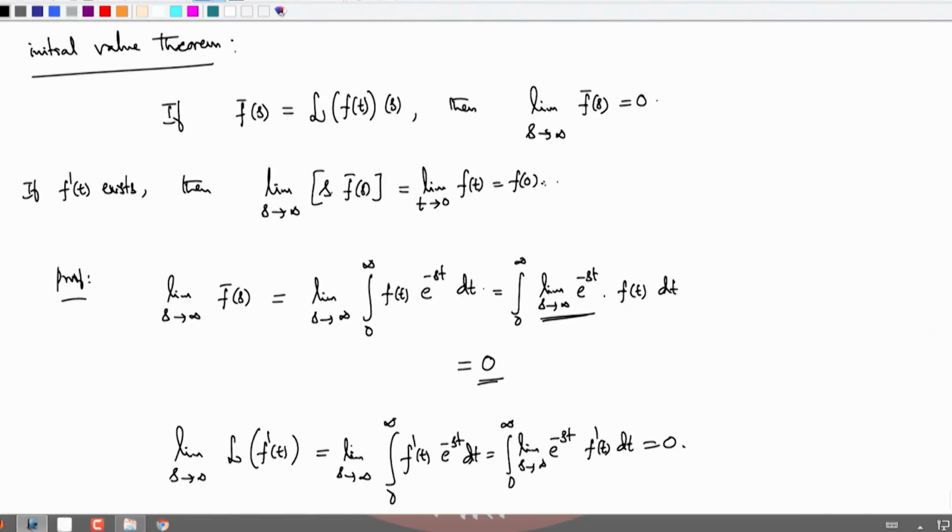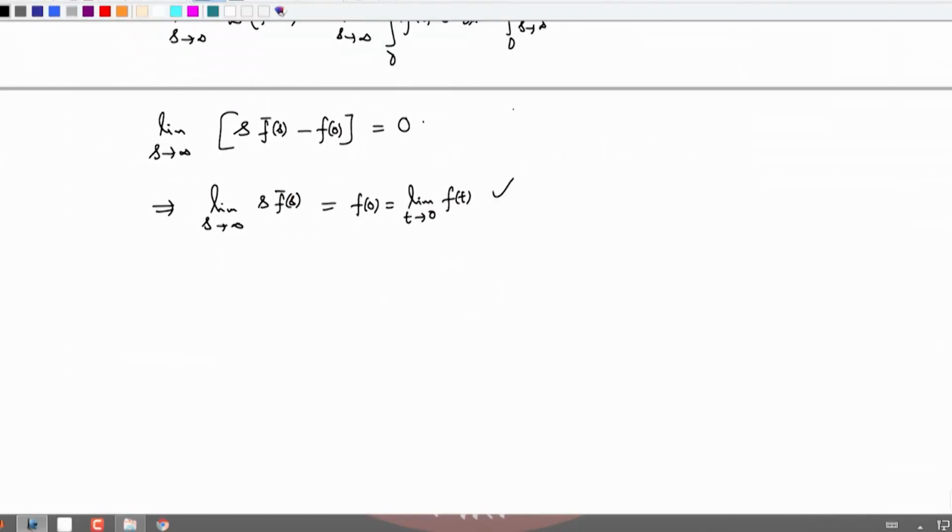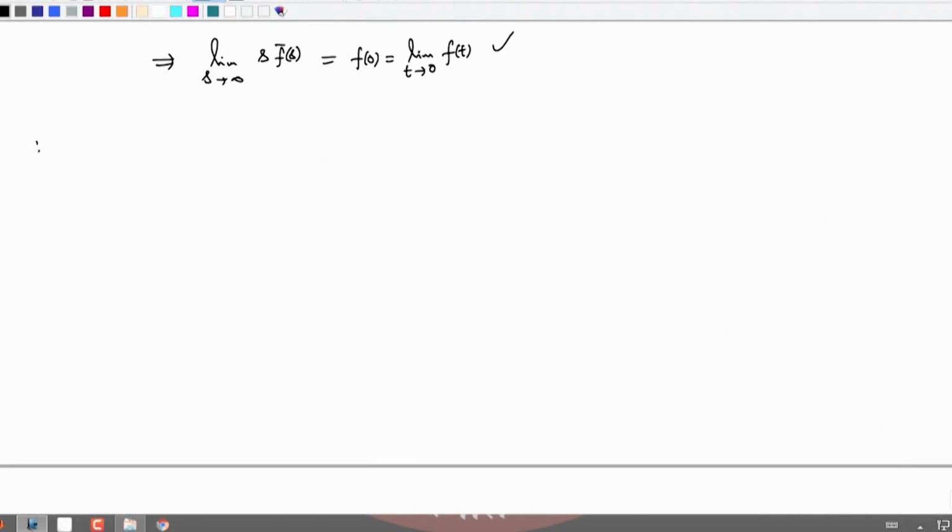So, this is the initial value theorem, which follows just by straightforward use of the definition of the Laplace transform and the uniform convergence of its integral definition, so that you can take the limit inside the integration. That gives the result straightforwardly. This is one result, and the other one is the final value theorem.